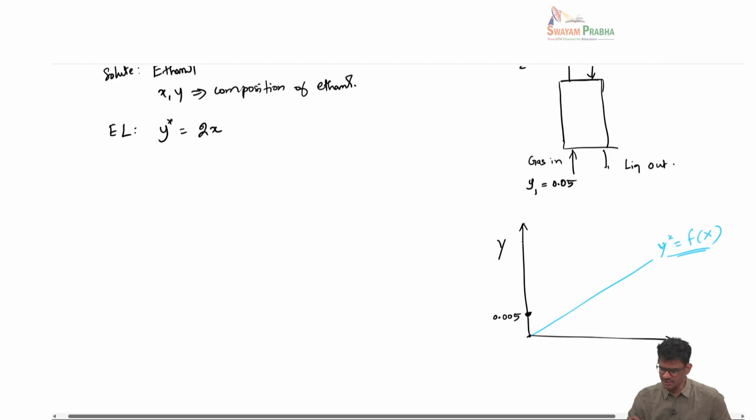The inlet concentration is 0.05. This is Y1. Actually this should be capital Y1. Okay, so Y1 will be 0.05 by 1 plus 0.05. Let me calculate this. This capital Y1 will be 0.0552, I think.